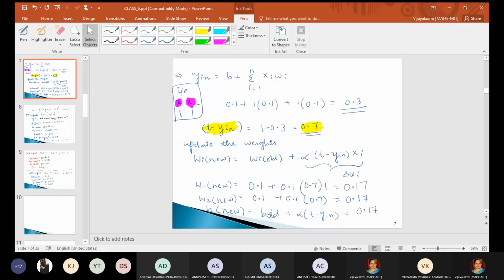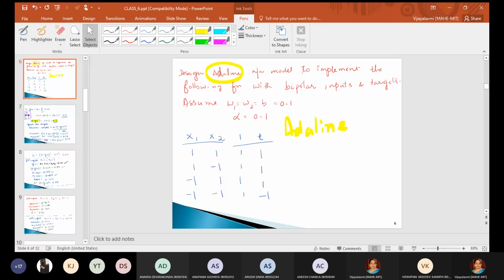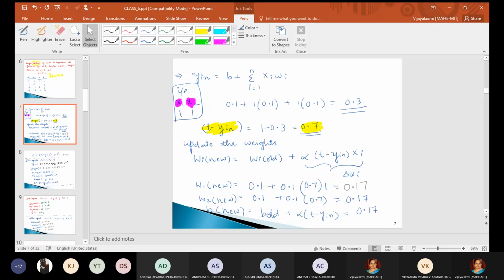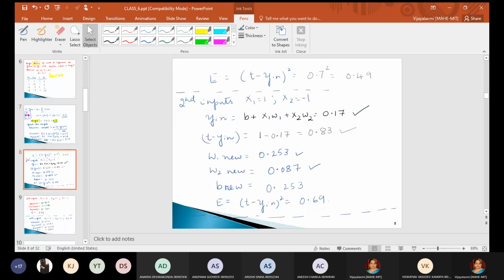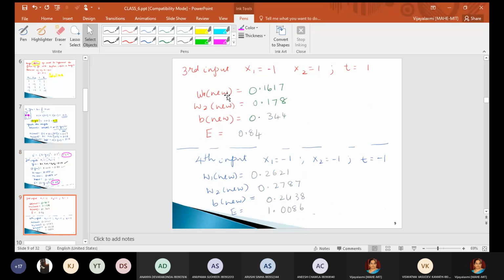We have considered only one epoch is over now. One iteration is completed. So we considered all the four inputs and we calculated the weights and we calculated the error. If you observe this first iteration, the values you have got are 0.49 for the first input, 0.69 for the second, 0.84 for the third input, and 1.0086 for the fourth input.